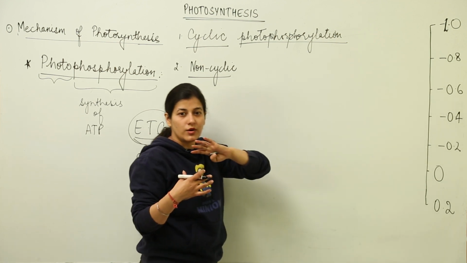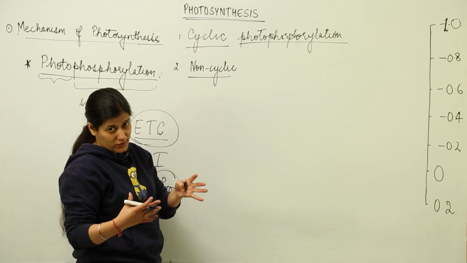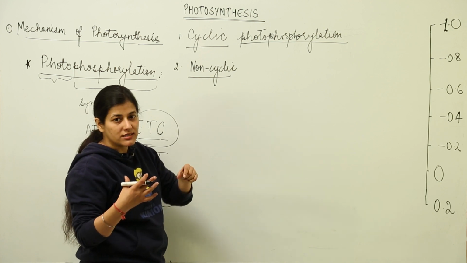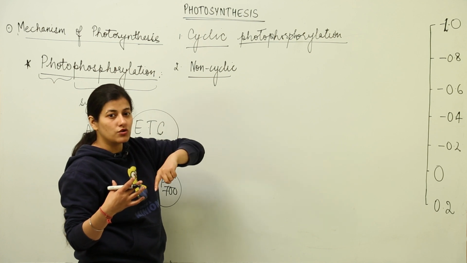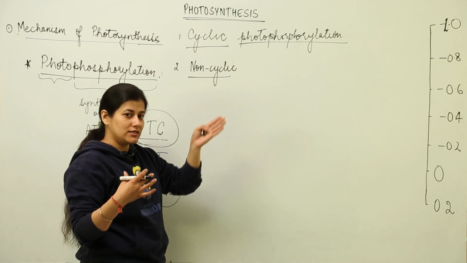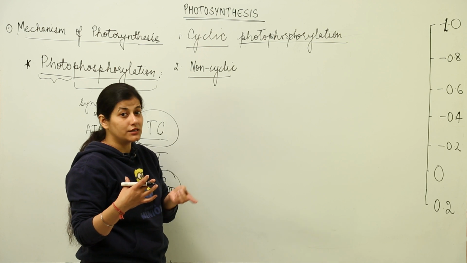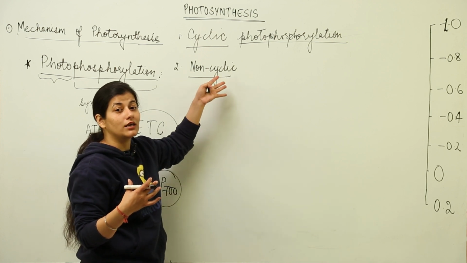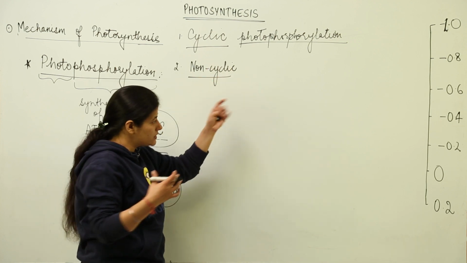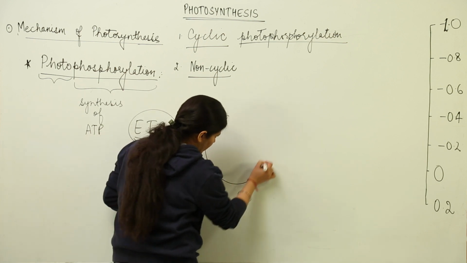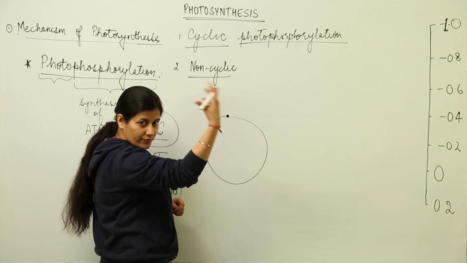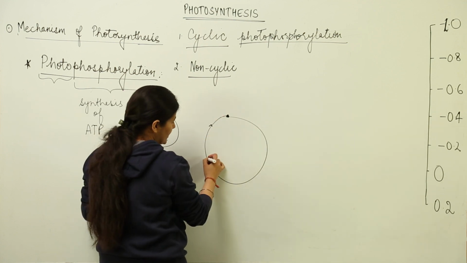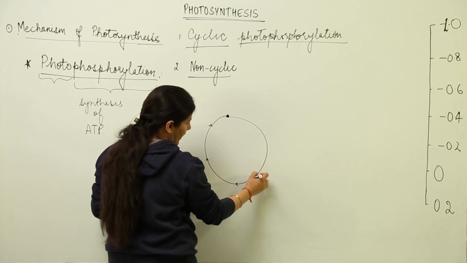Now we are going to have a cyclic process, where an electron would be excited, and as the name suggests, the electron will have to come back to the same place from where it was excited in order to make it look like a cyclic process. In a cycle, in botany at least, whatever is the beginning of the process has to be regenerated in the end.